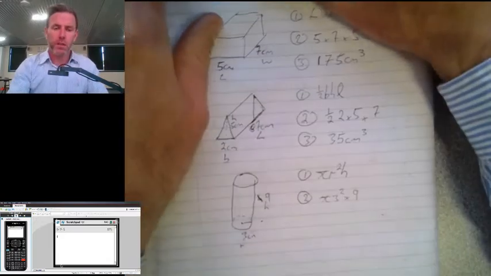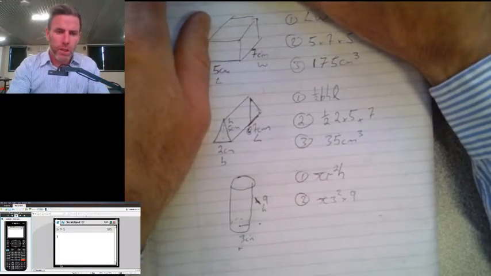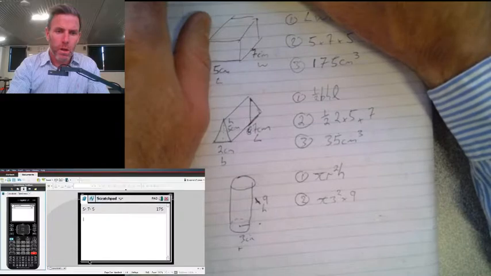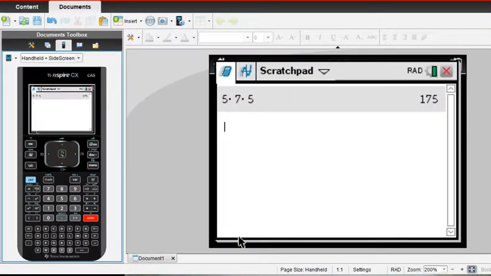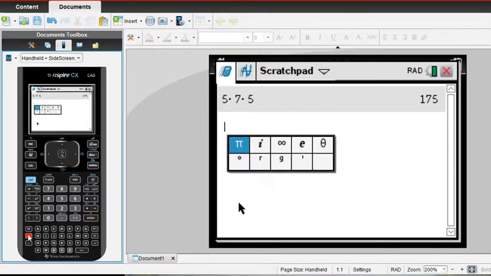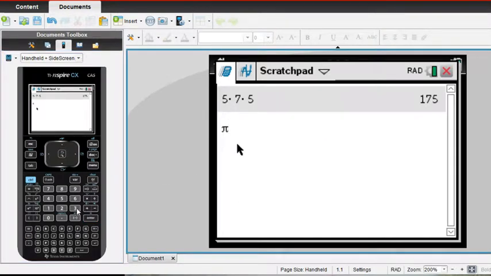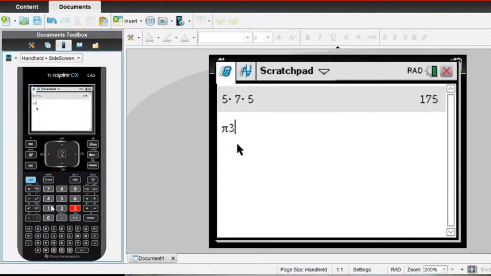And then again I use the calculator, so I'm just going to bring the calculator bigger onto the screen. So it's pi times 3 squared times, what did I say, 9.